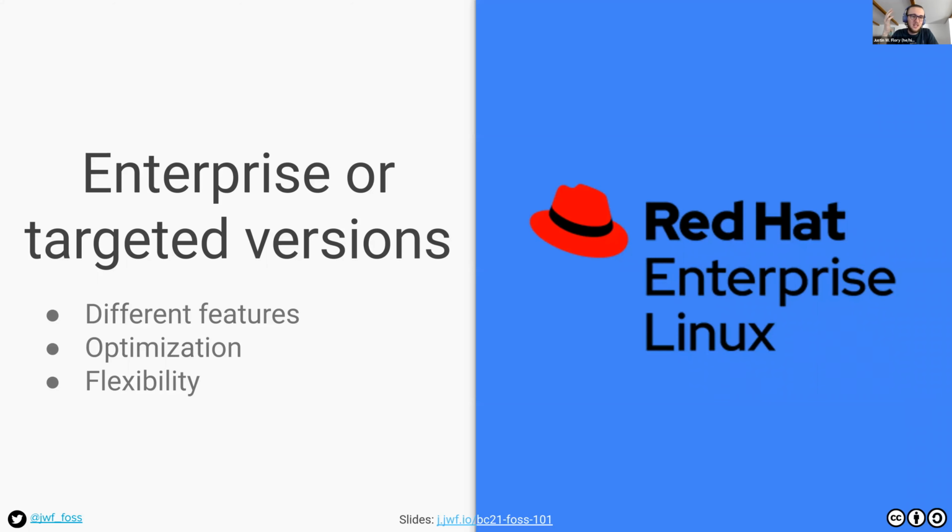It means distinguishing between an open source version and one that has extra enterprise features, where the enterprise one has different features, is better optimized, or is more flexible and can be extended. Red Hat Enterprise Linux is a great example of this in the market.